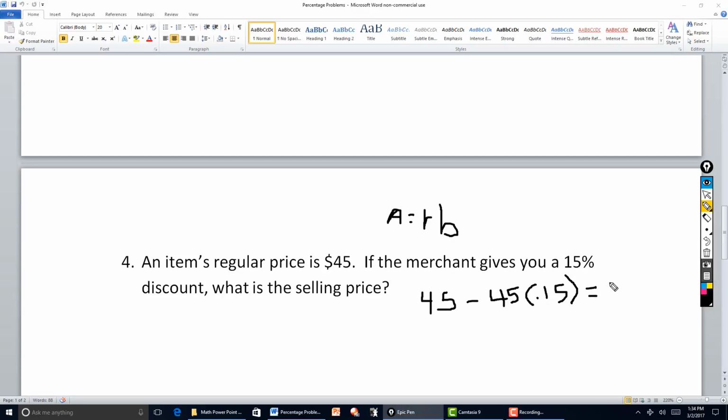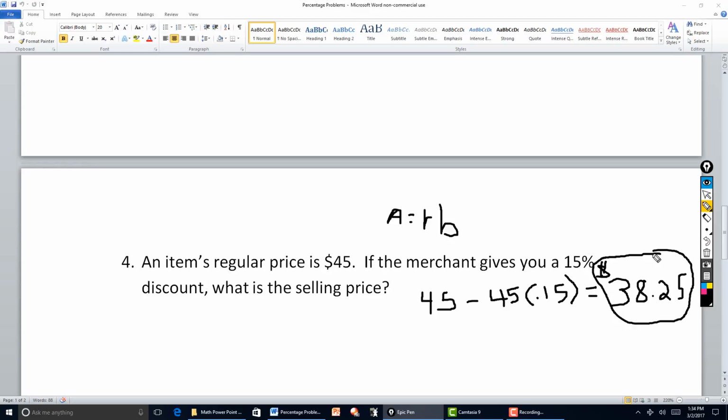If you do that calculation, that's going to give you 38.25. So this is what you paid. After the discount, this is your selling price.